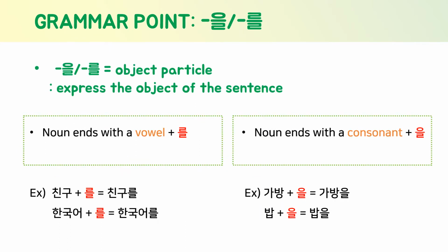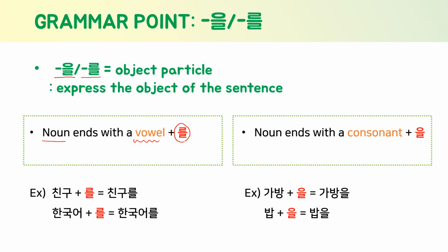Okay, so now we are going to study the object particle 을 and 를. As I mentioned earlier, the role of the object particle in the sentence is to express the object of the sentence. If the noun ends with a vowel, you add 를 at the end of the noun.